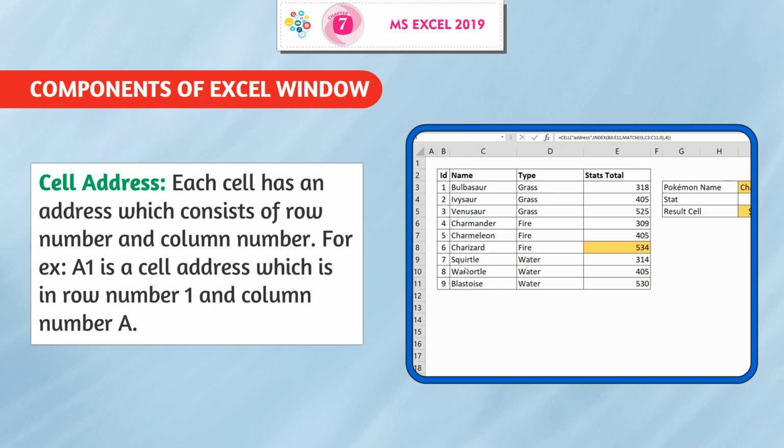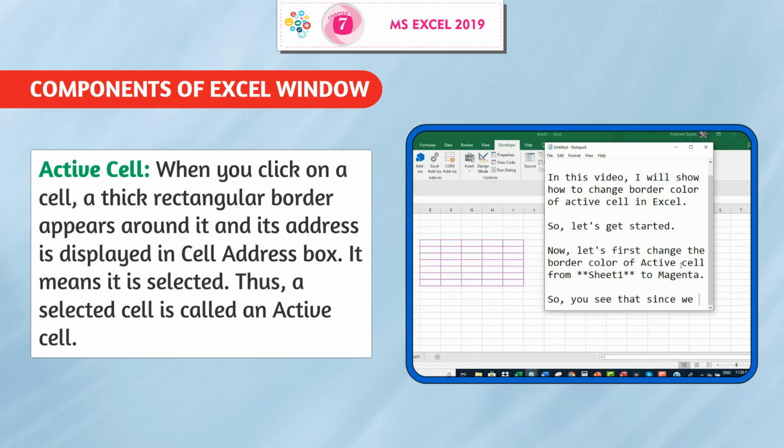Each cell has an address which consists of row number and column number. For example, A1 is a cell address which is in row number 1 and column number A. Active cell. When you click on a cell, a thick rectangular border appears around it and its address is displayed in cell address box.